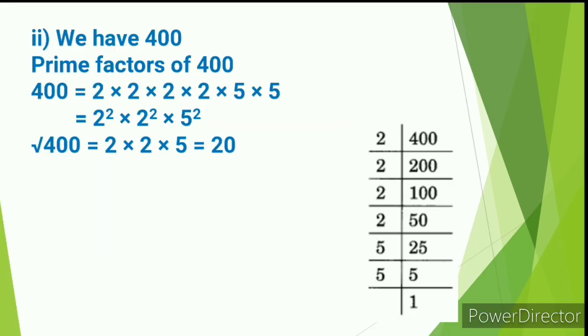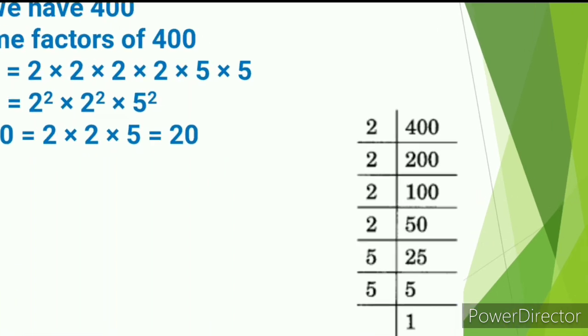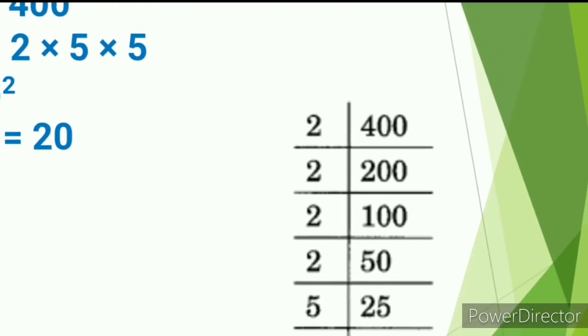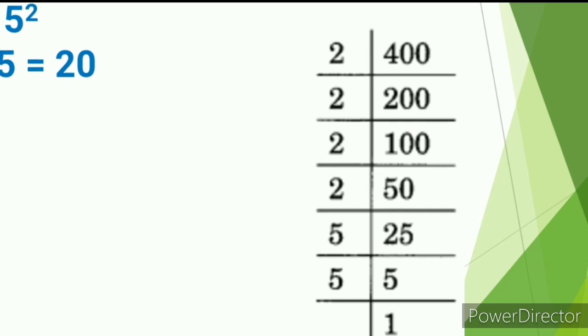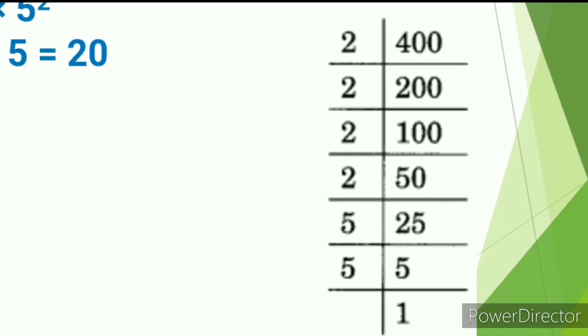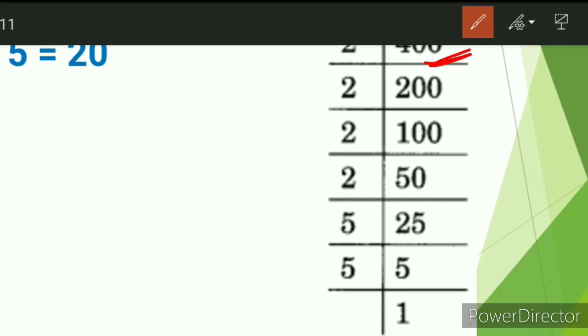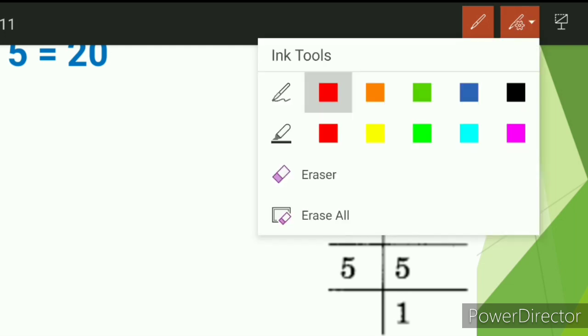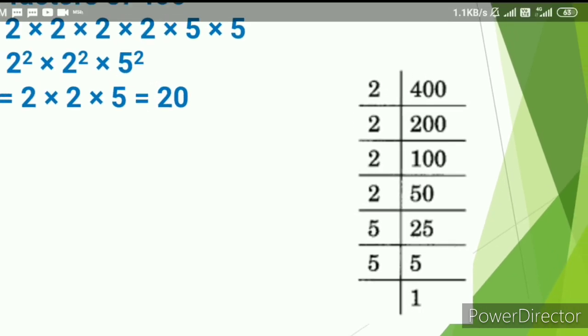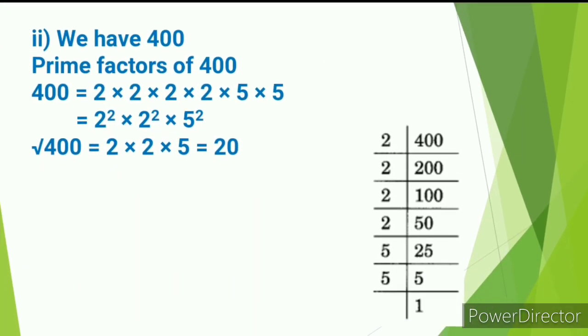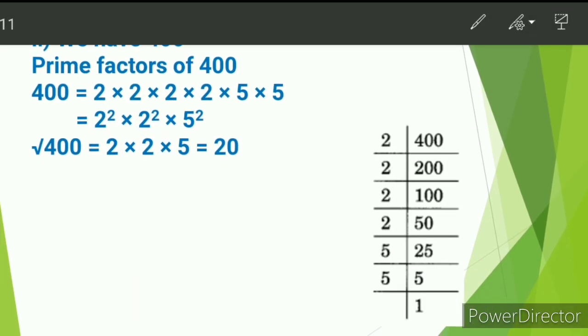Next number 400. First we will find the prime factors. 400 is an even number, so it is divisible by 2. Or else, it ends with 0, so it is divisible by 5. You can take 5 first, or else start from 2. After finding the factors, you arrange them in this way.